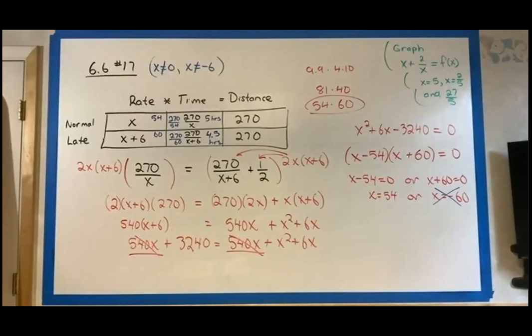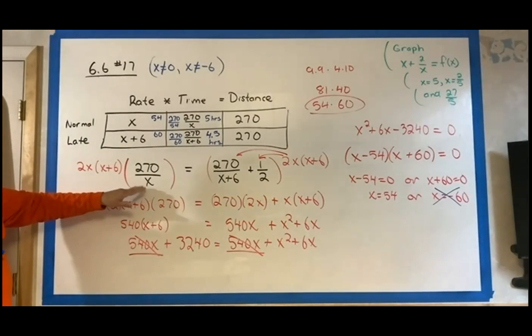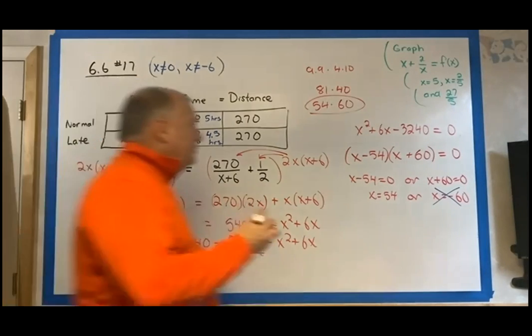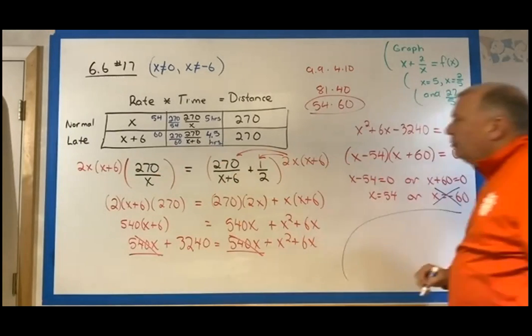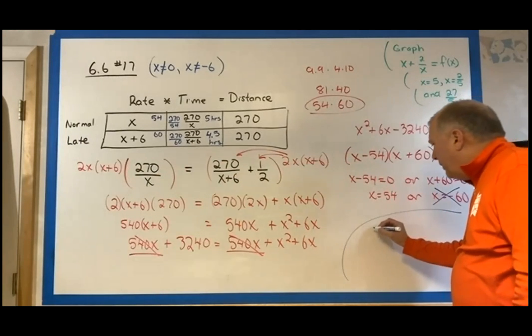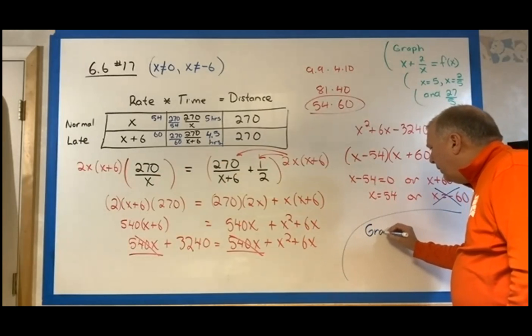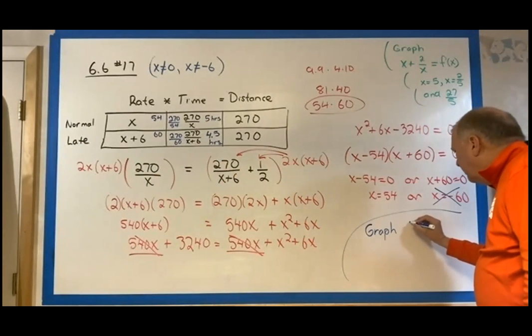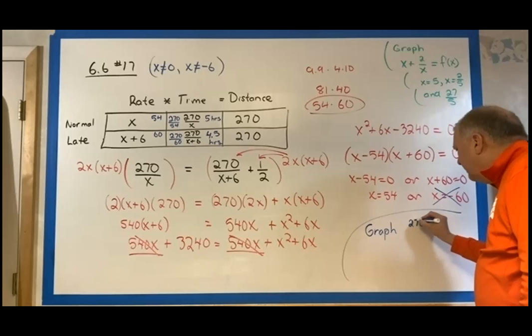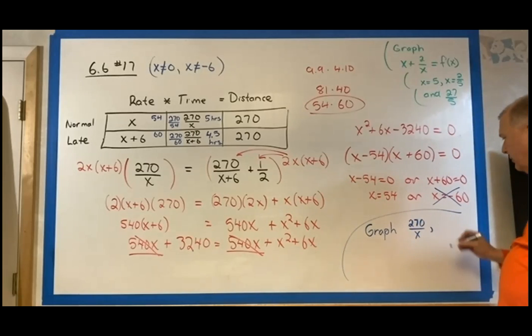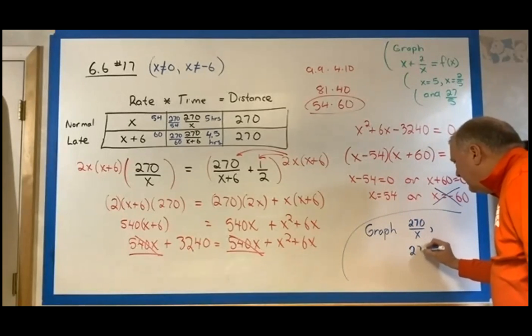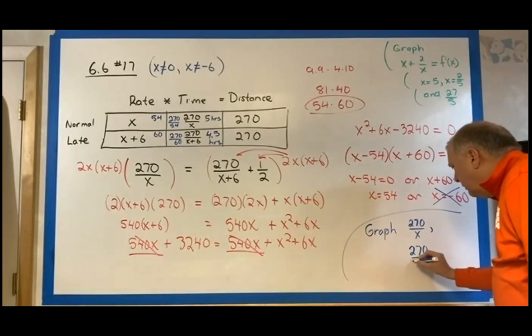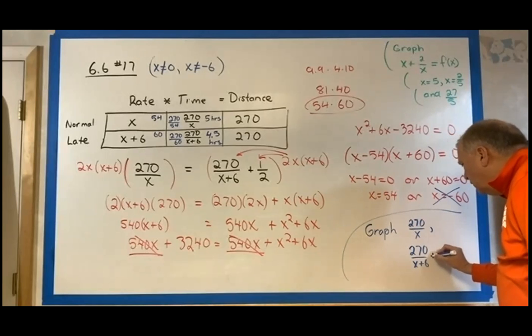Now, what do I want to say here? I bet this would be worth graphing. So I might erase all of this, but I'll leave it on the whiteboard so we can go back to the paper and graph. What happens if we graph? Look at the things in black. 270 over x and graph 270 over x plus 6 plus 1/2.